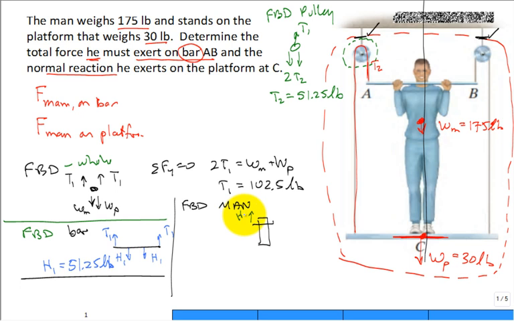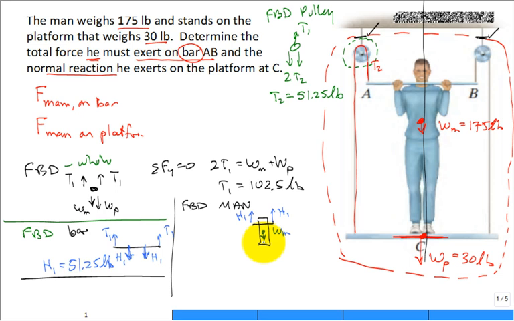Isn't this H1, to be consistent with the H1 down? I have to be consistent on my free body diagrams, right? So from the perspective of the man, the bar is lifting up on the hand of the man, and the hand of the man is pulling down on the bar. We don't forget the weight of the man. But that's not all, is it? Because the bottom of the shoe of the man is in contact with the platform.